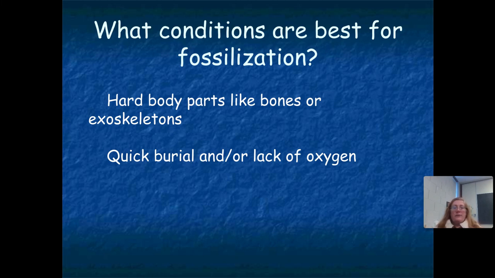Just the other day, we finished watching the Story of the Earth movie, and we saw that very first primate. It got that toxic gas, and then it fell into a very, very deep lake, and that was a lack of oxygen. So it was both a quick burial and a lack of oxygen in that case.